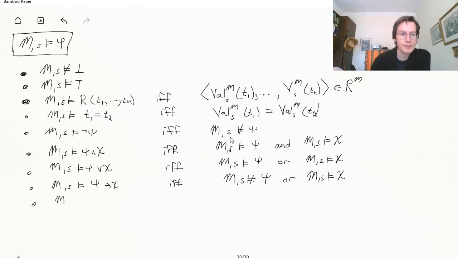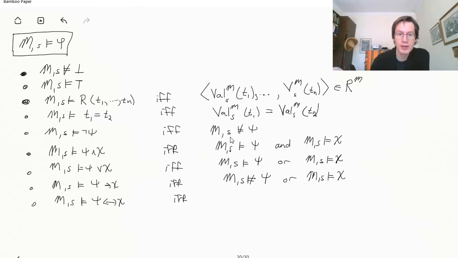And lastly, the biimplication is going to be true if and only if the truth values in that structure are the same, so they're both satisfied, or both not satisfied.